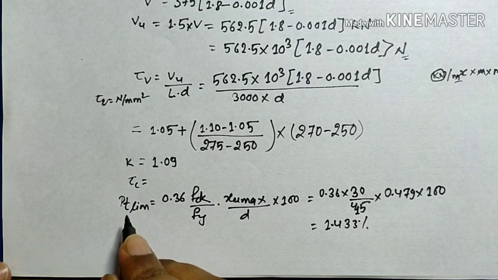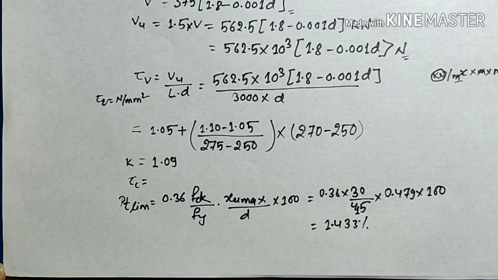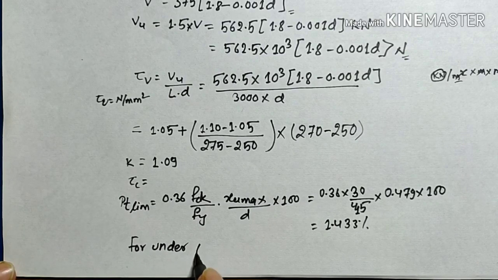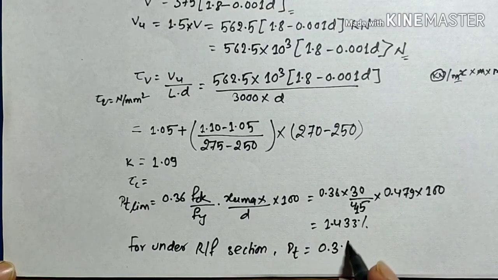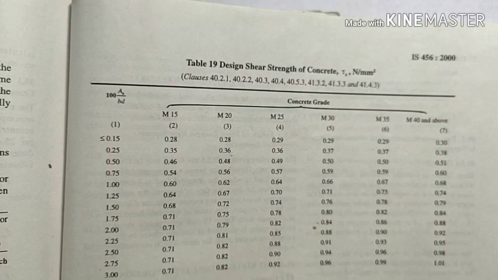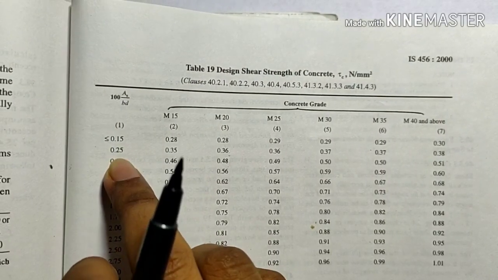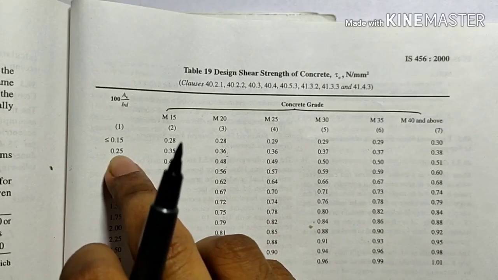So we need to design for the under reinforced section, and let's assume for the under reinforced section, PT equals to 0.3%. Now we have assumed our PT at 0.3%, which lies between 0.25 and 0.5.